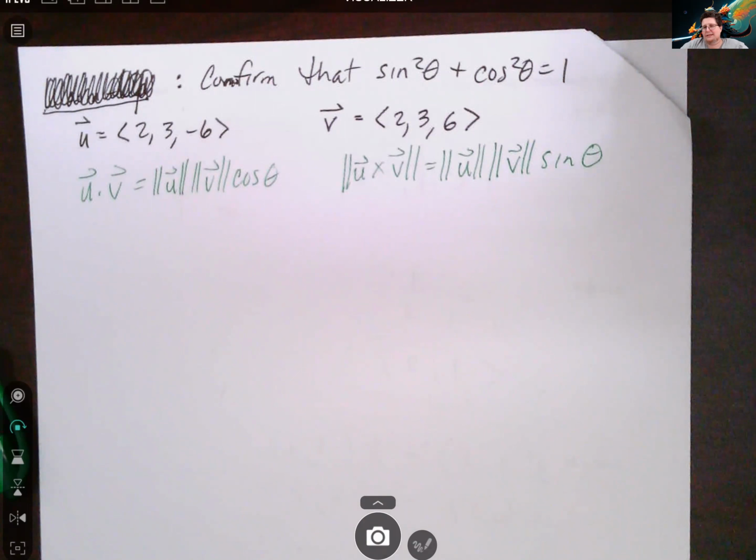And that could work too if you did like cross product of V and W and then the dot product of U. You should get the same thing. Yeah, because it's the law of, there's a word for it. I don't know off the top of my head. There's a law that states that you can do it in any order and it'll still equal the same thing. I don't remember what it was called.